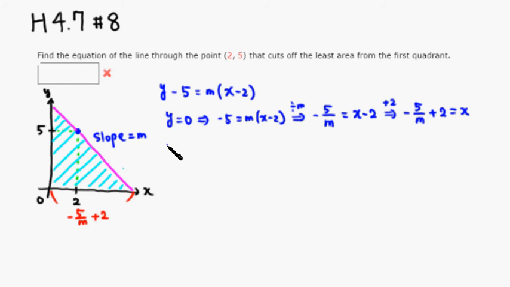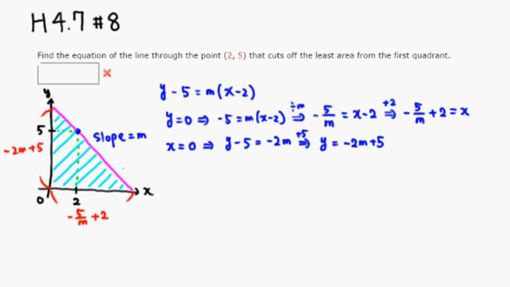Height is simply the y-intercept, so we set x equals 0. Then you have y minus 5 is equal to negative 2m. We add the 5 to both sides, so y is equal to negative 2m plus 5, which means that the height here is negative 2m plus 5.